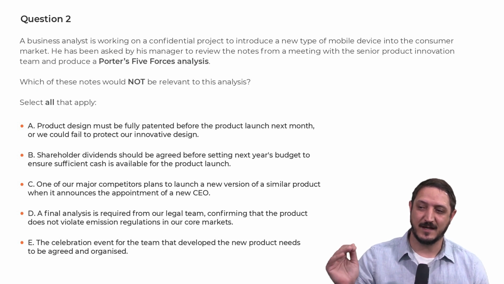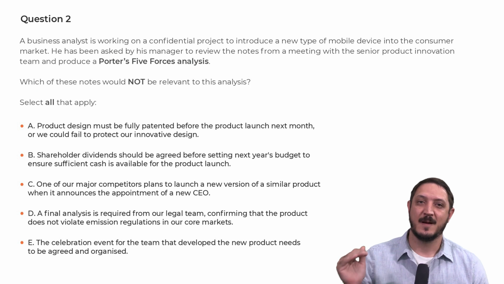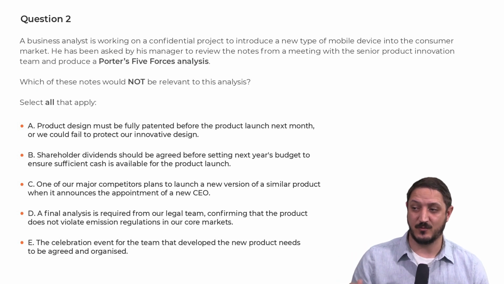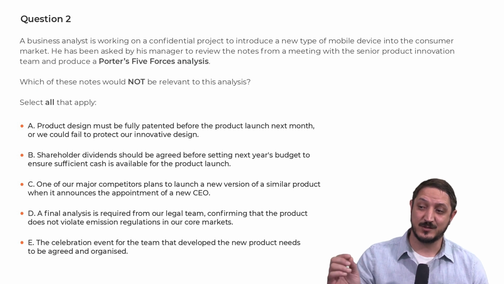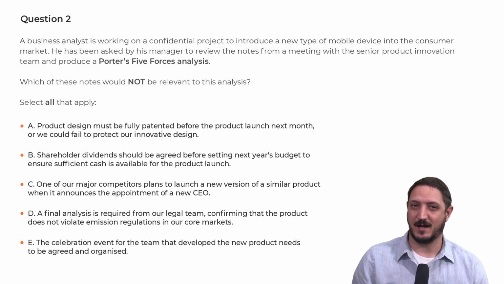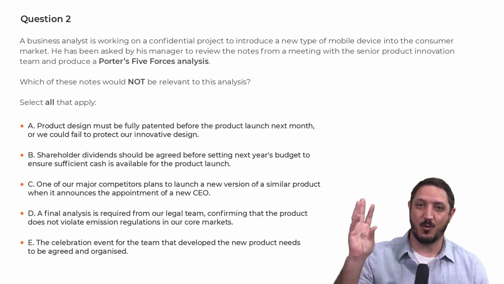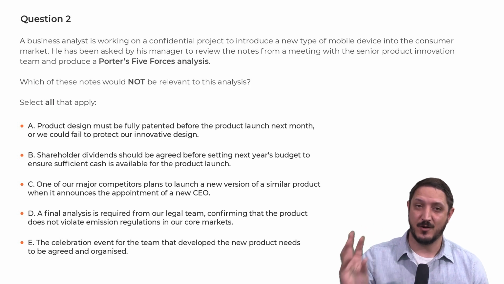Always read that final statement, the instructions of the question, carefully, because it says we must select which of these notes is not relevant to Porter's 5 forces analysis. It also says we must select all that apply. It's not a simple multiple choice where we select only one answer. We have to select all of the answers that are not part of Porter's 5 forces analysis.